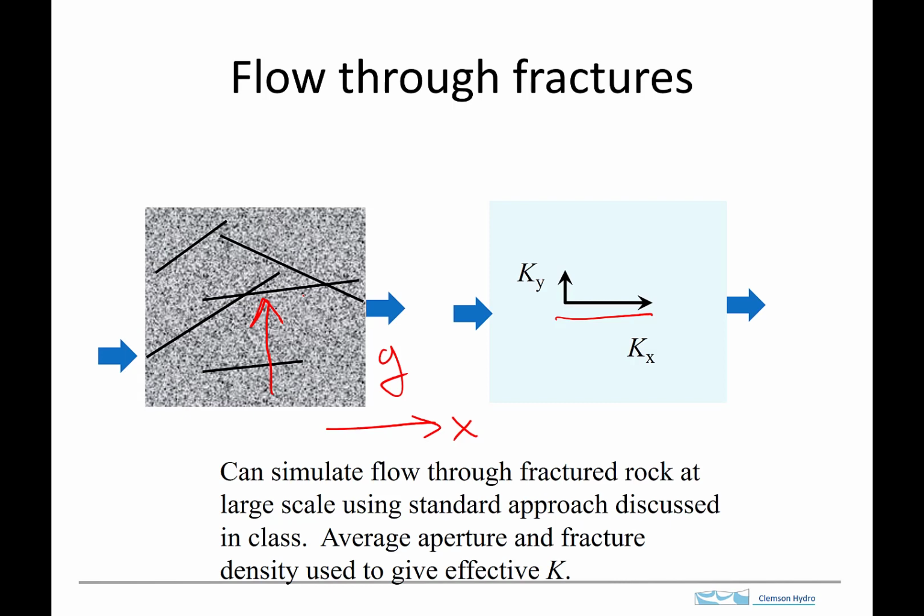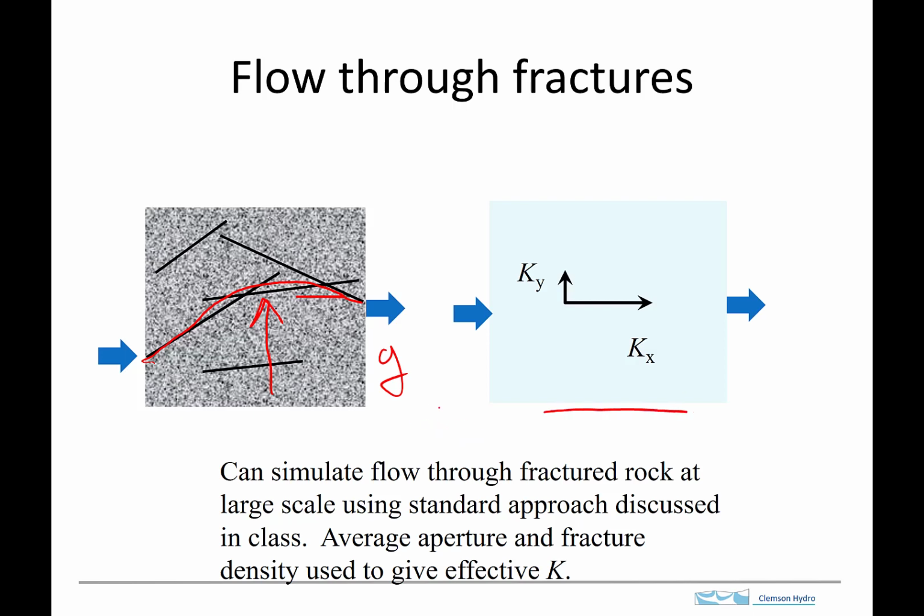So ky is just going to be controlled by the permeability of the intact rock, whereas kx will be controlled by this connected percolating fracture network. So we would expect to characterize fractured rock using equivalent anisotropic hydraulic conductivities or permeabilities, as I show here.